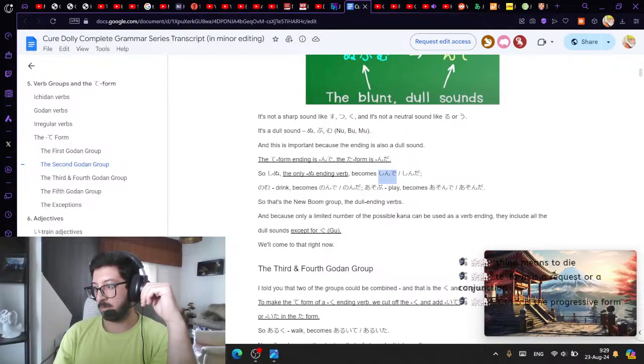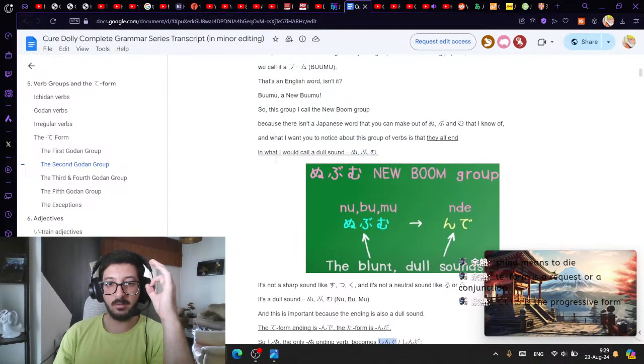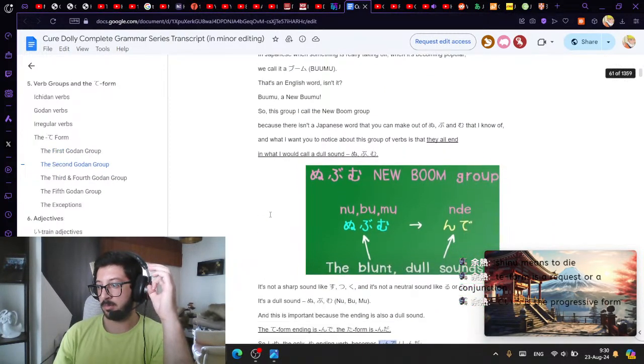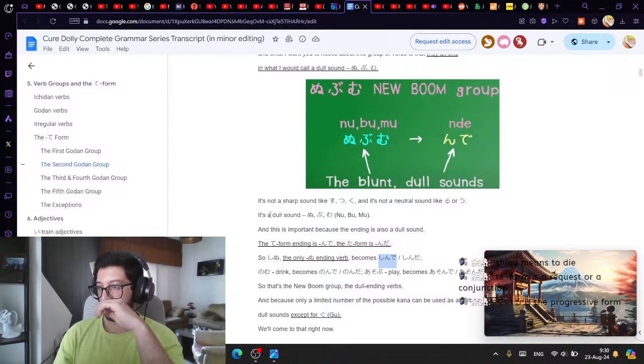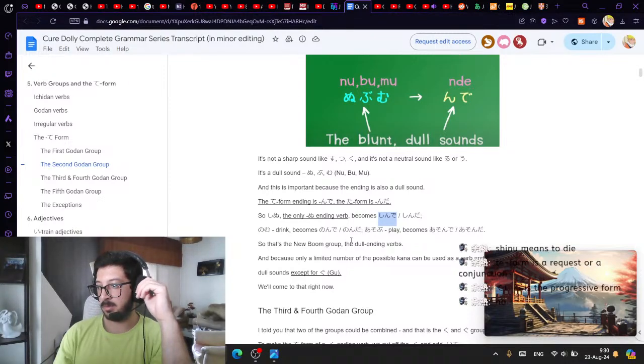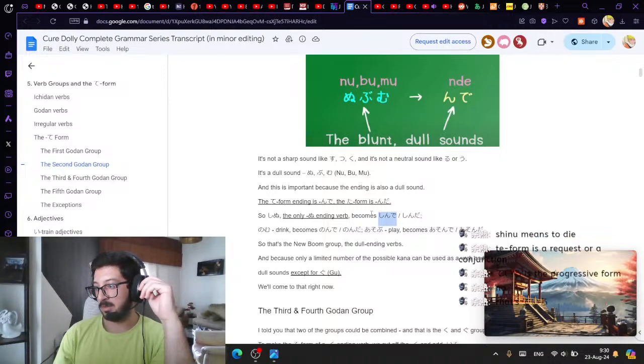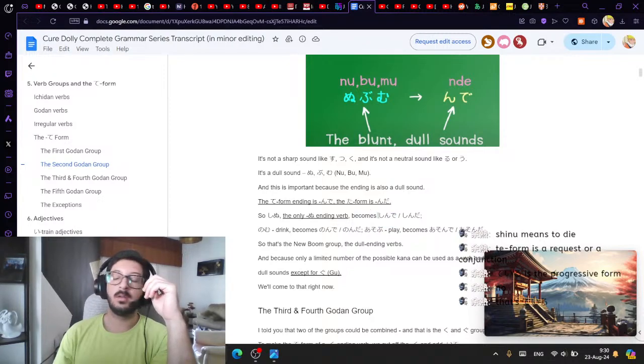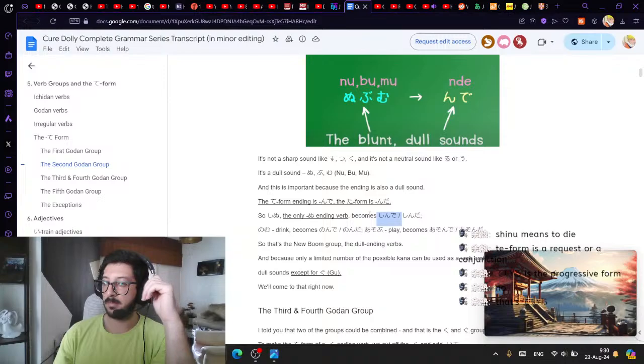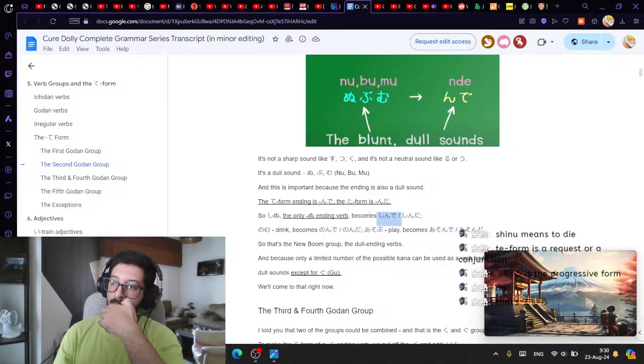Teiru is the progressive form. So the te form alone is not the present continuous. The te form is a request. So you have to add iru to become the present continuous. Thank you very much, Netsu.